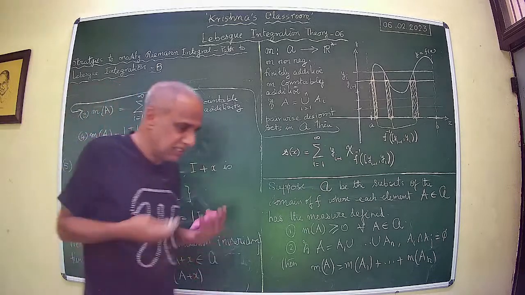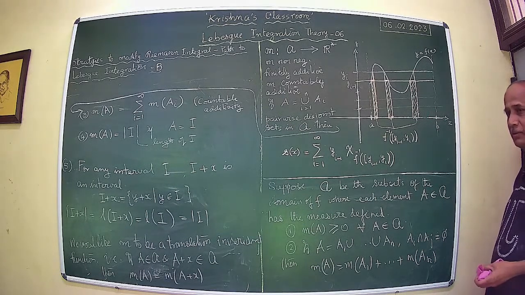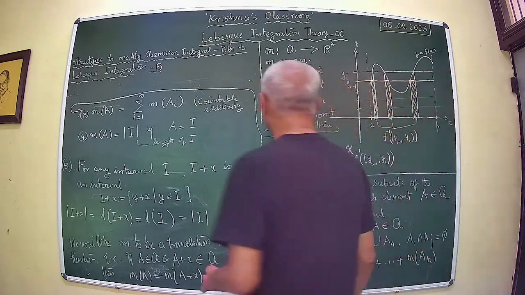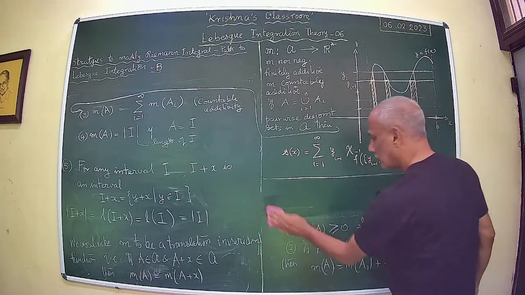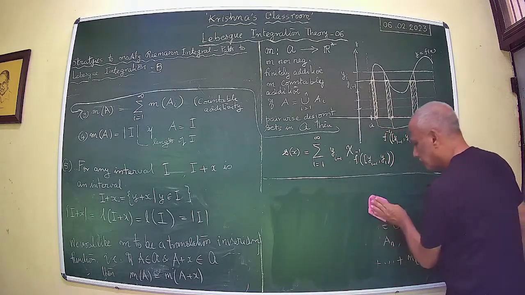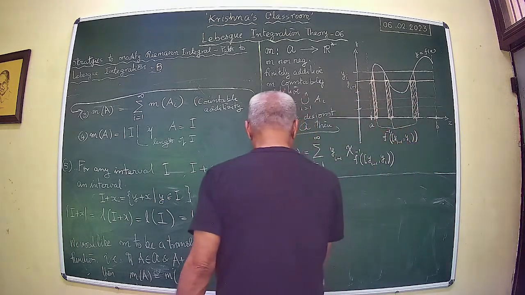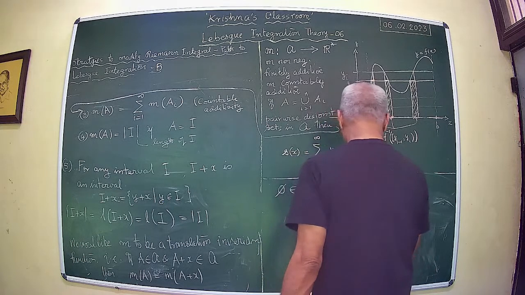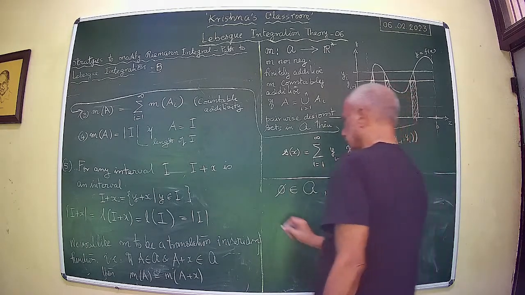Script A is a collection of subsets of the domain of F. Now first of all, and possibly maybe the sixth property, we would like the empty set to belong to script A, and the domain of F. These are the two other properties.